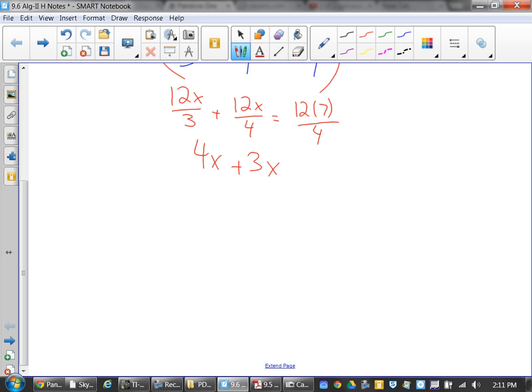What's 12 divided by 4? 3 times 7? What do you get? Now, using the common denominator to multiply out on both sides of this equation allows the denominators to go away and gives you a more workable problem.